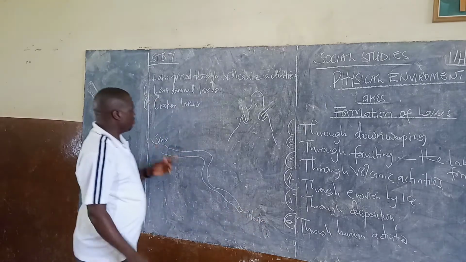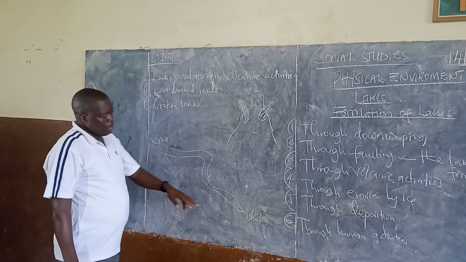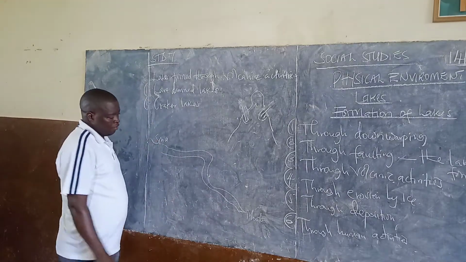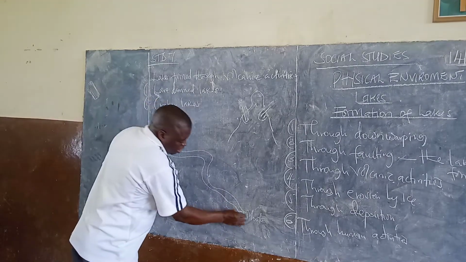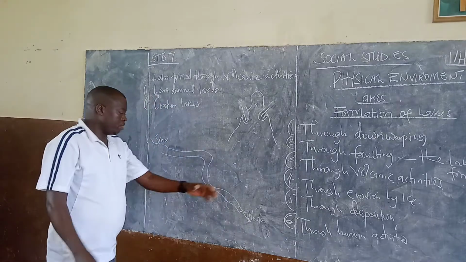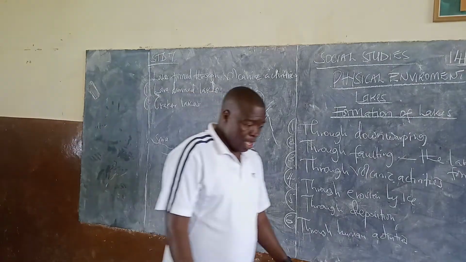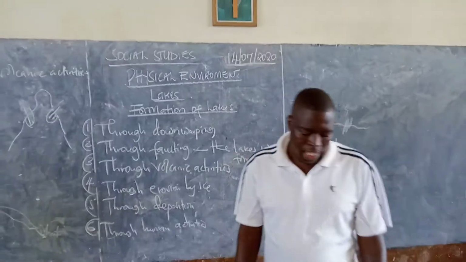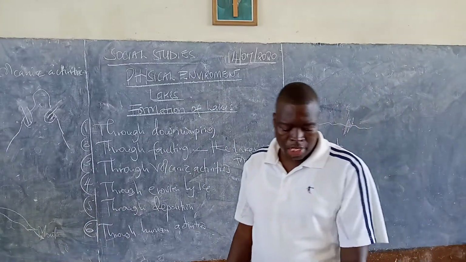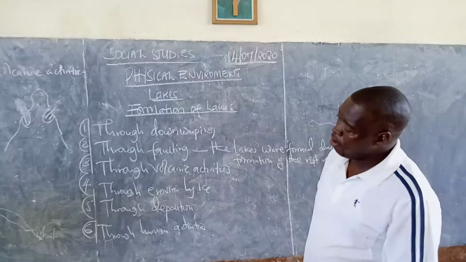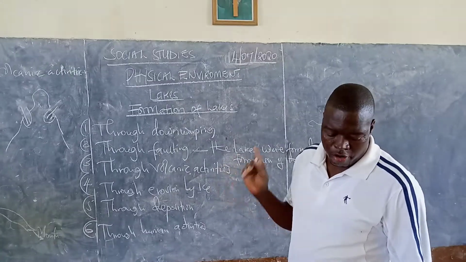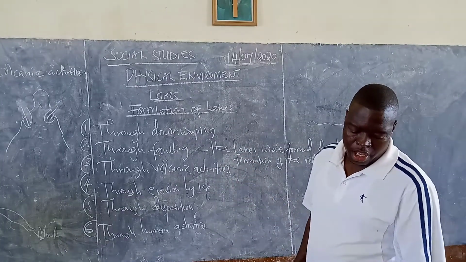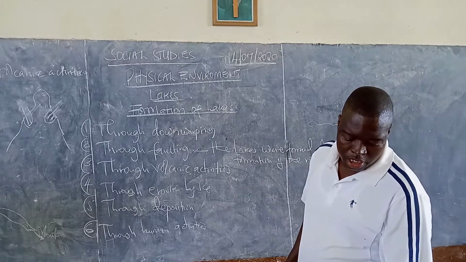The source is where the river starts, and the mouth is where the river ends, or where the river drains the water into. Now, when you have such a river, deposition lakes are formed as a result of river erosion and deposition.